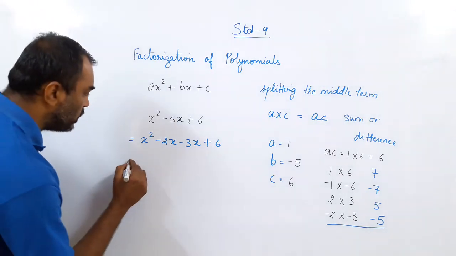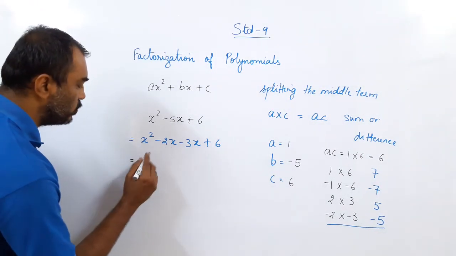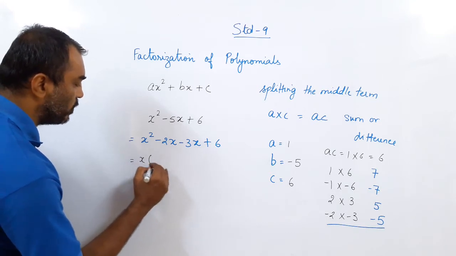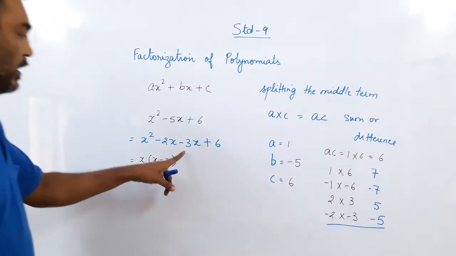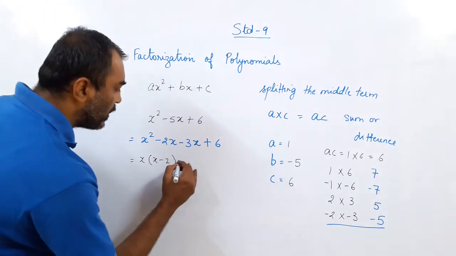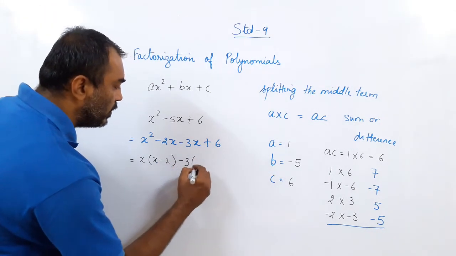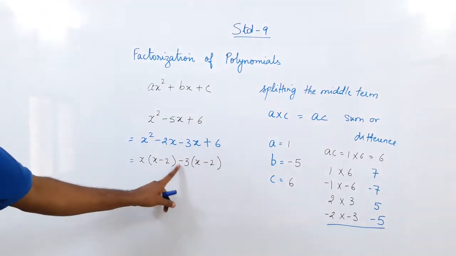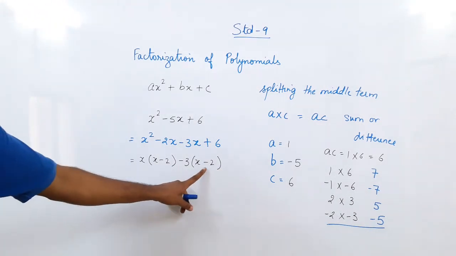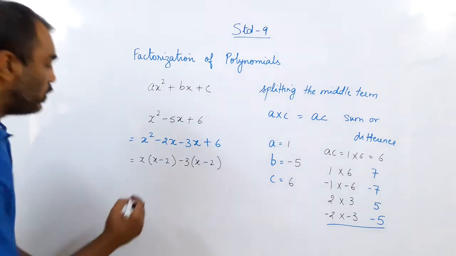Now, after splitting, in these first two terms, I can take the x common. In the bracket I get x minus 2. And in these last two terms, I can take the minus 3 common. In the bracket I get x minus 2. Now recall, when I take the negative sign common, the sign inside will change. What do you get next?